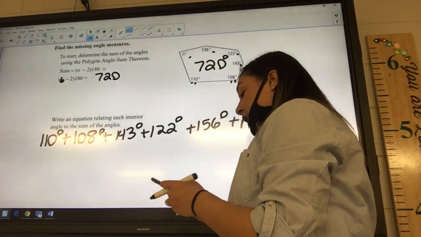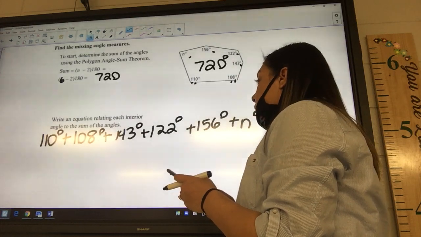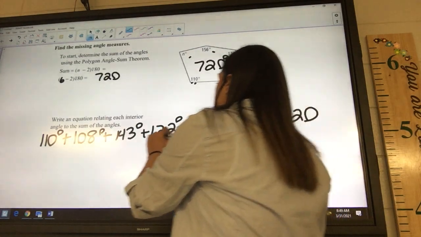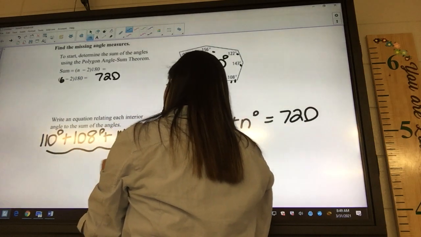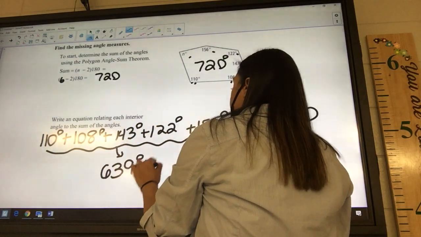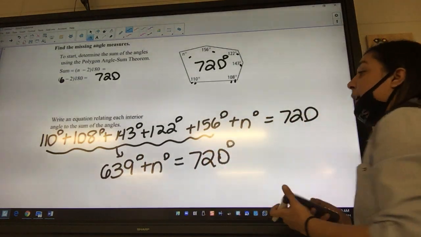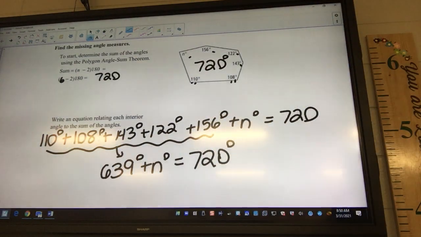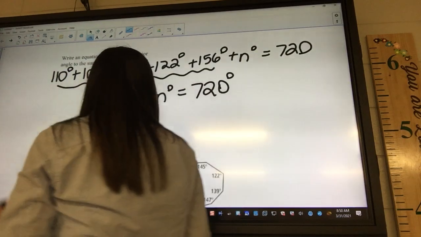Yeah, so we could say 110 plus 108 plus 143 plus 122 plus 156. For all of these, it adds up to 639 degrees, plus n degrees equals 720 degrees. I combined all these other ones together. So now how can I figure out what n is? I got 639 plus n equals 720.